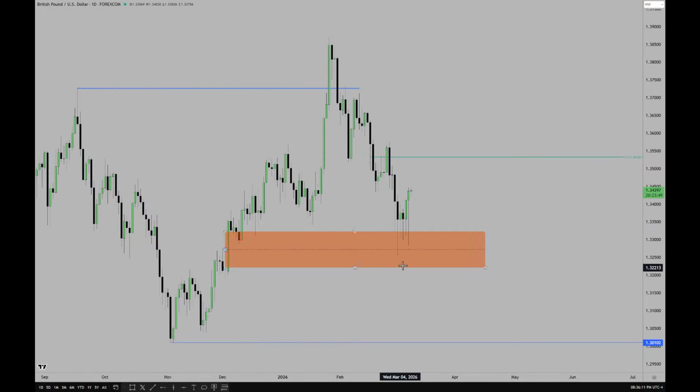So we haven't done what I wanted to see it do, even though I'm still going to hold on to the likelihood that, if the dollar goes higher, we could rotate lower and explore and maybe retest that low. I've already told you last night what would indicate me being wrong about that and how I would use that information, so I'm not going to repeat that here, just a real quick, brief review.